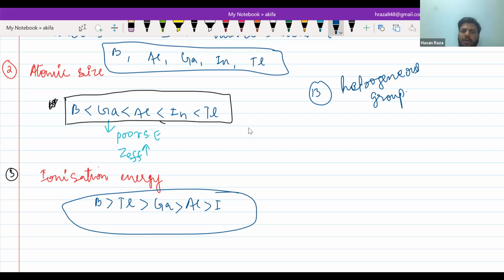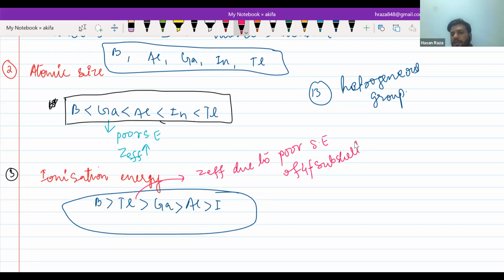Why is it so? Because Z effective increases, and nuclear charge increases due to the poor shielding effect of the 4f subshell. The force of attraction increases, so if you want to remove an electron, you have to give more and more energy, even more than gallium, aluminum, and indium.